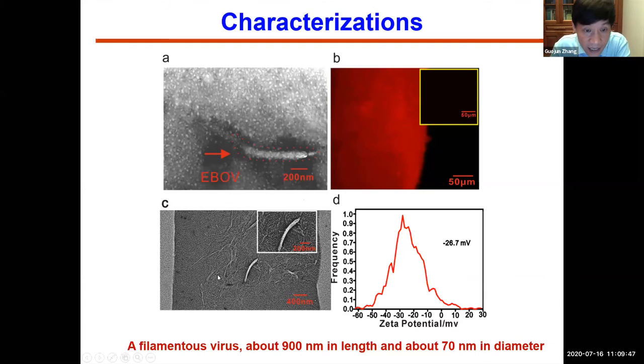And this is a SEM image. You can see two electrodes, and in between we can clearly see the Ebola virus. This means the Ebola virus can be captured on the chip surface, and the potential result shows this virus is negatively charged.